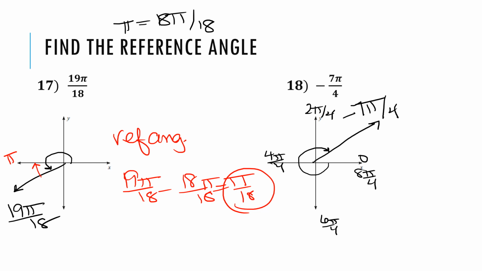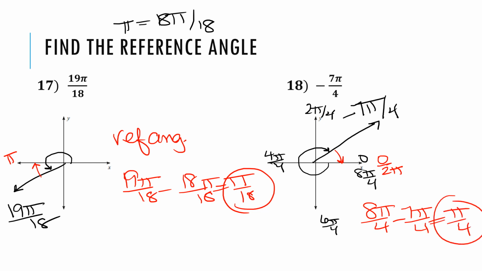And my distance back, I'm closest to the x-axis at 0 or 360 degrees, or at 0 or 2 pi, which is 8 pi over 4. So in essence, we're finding a coterminal. 8 pi over 4 minus 7 pi over 4 gives me 1 pi over 4. So our reference angle for our last example is pi over 4.